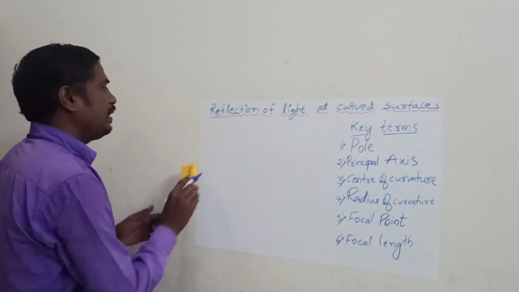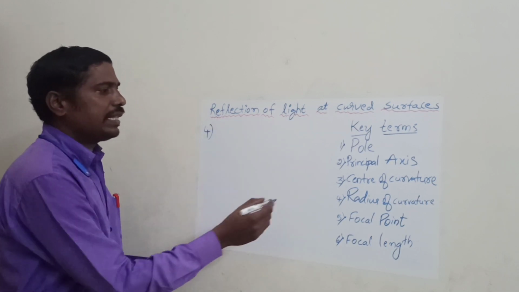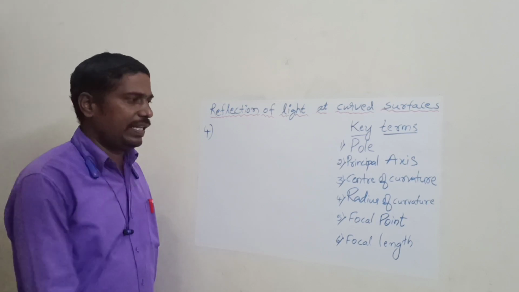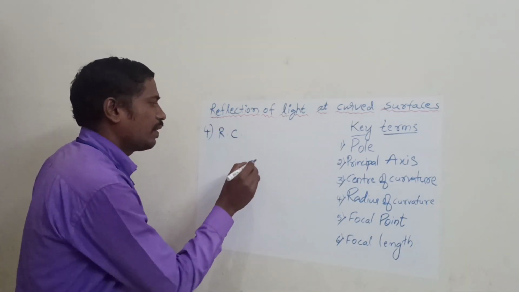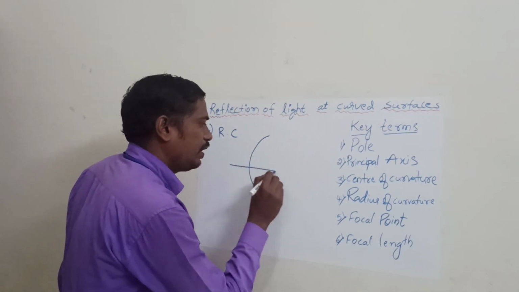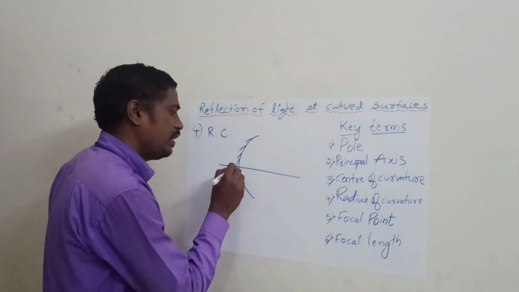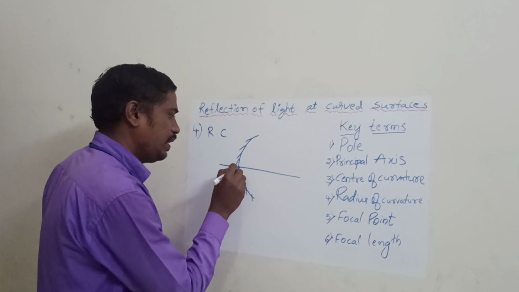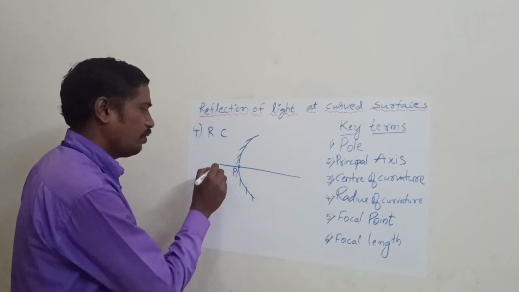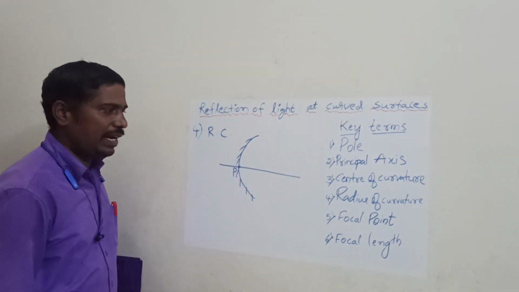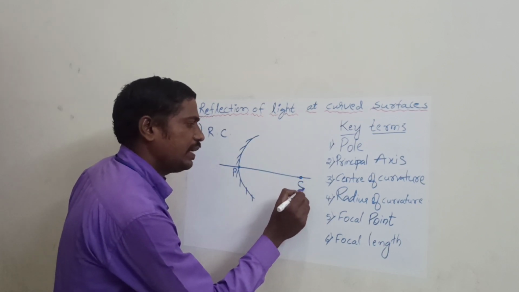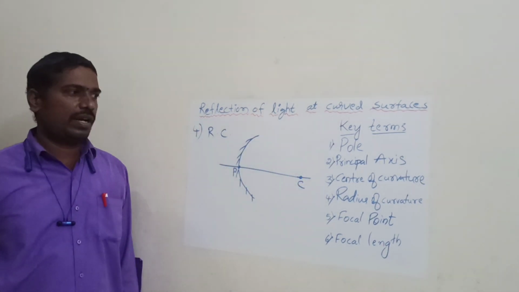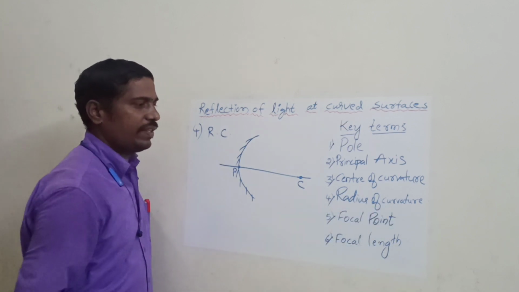Fourth point is radius of curvature. This is the concave mirror. This is pole, this is principal axis, this is the center of curvature.